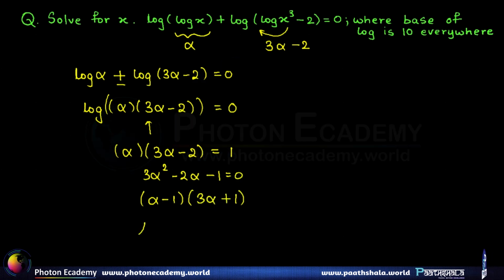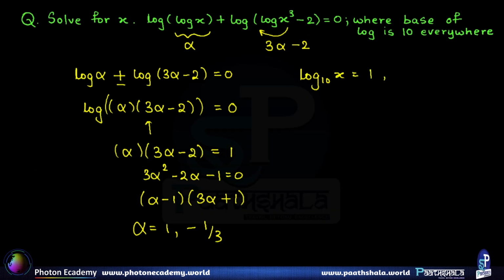So we have alpha equal to 1 or minus 1 by 3. That is log x to base 10 is equal to either 1 or minus 1 by 3. So x is either 10 or 10 raised to minus 1 by 3.